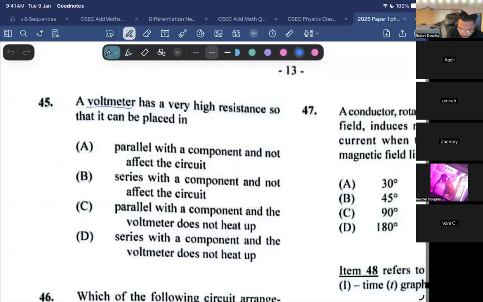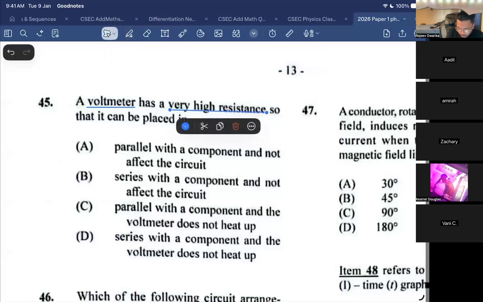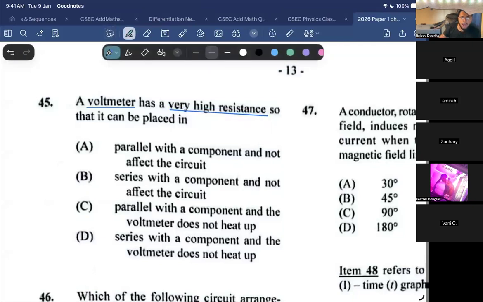So we're talking about a voltmeter and it has a very high resistance. A, B, C, or D?